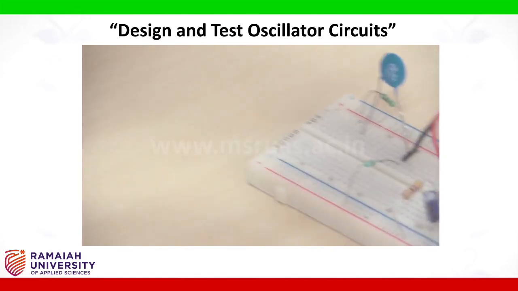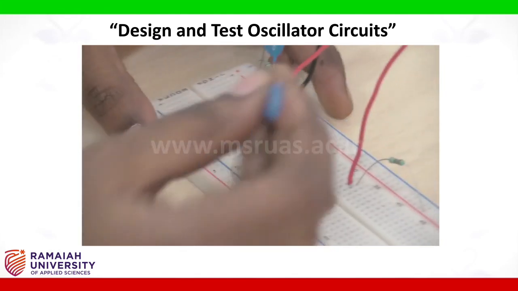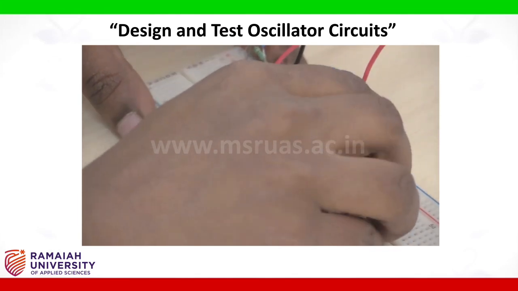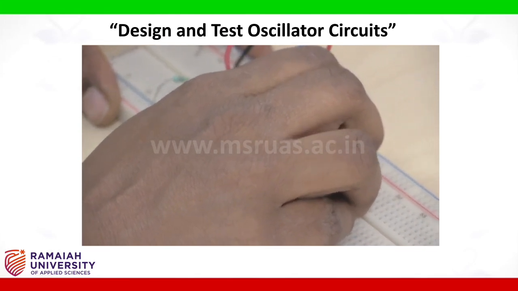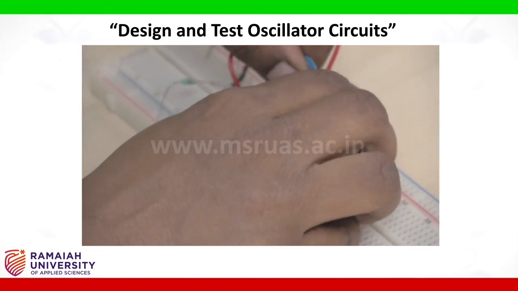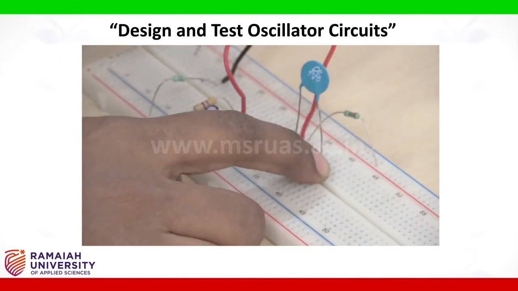Next take the other 0.47 microfarad capacitor, connect from collector to a nearby node. So collector to a nearby node.